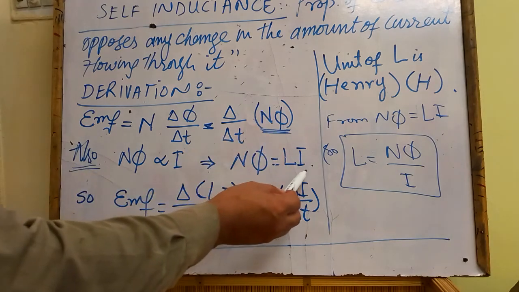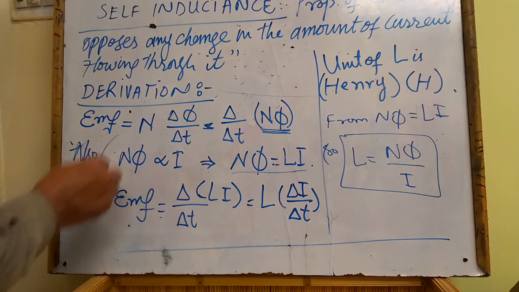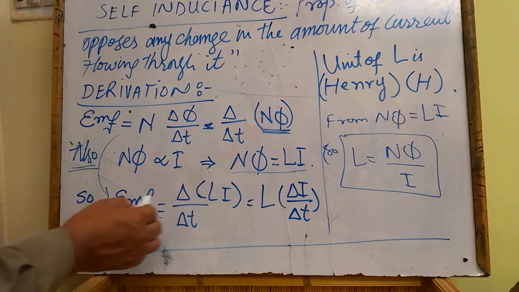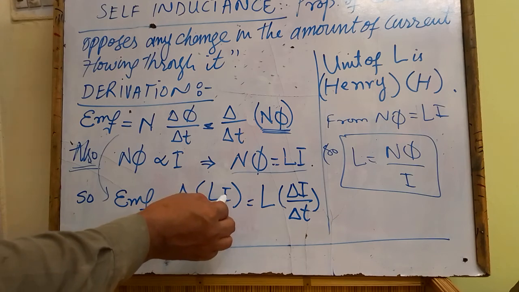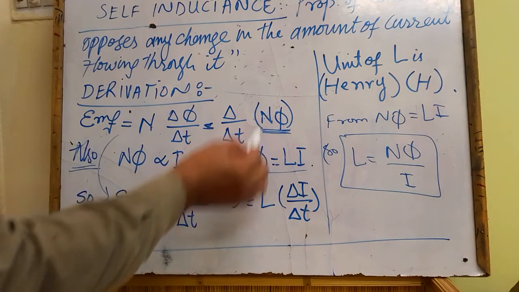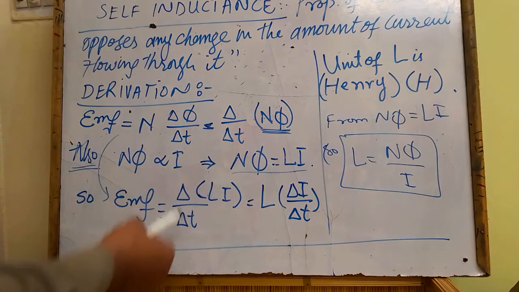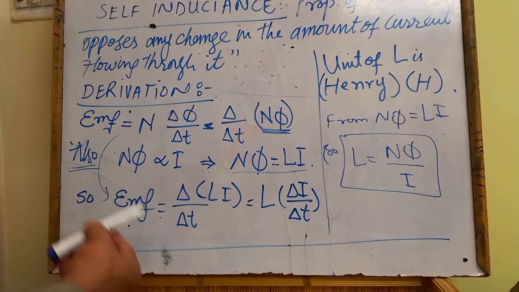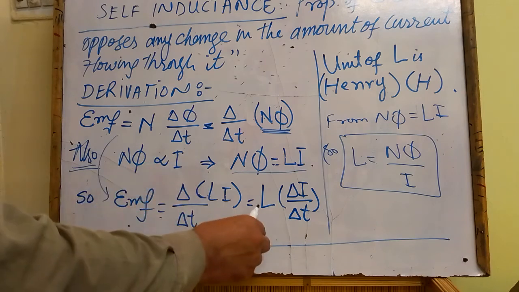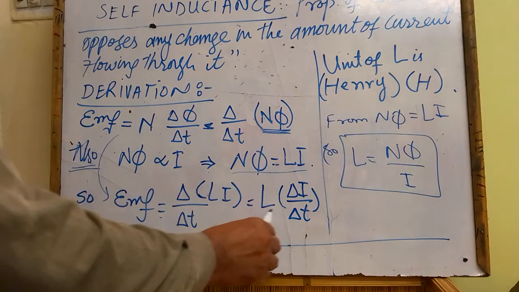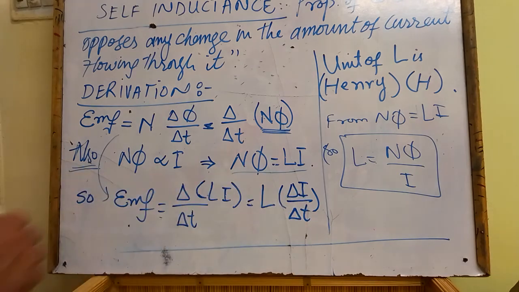We can put LI instead of N phi in this equation, so that EMF is equal to delta over delta t of LI. We can take L outside, which is a constant of proportionality, and finally write Faraday's law for self-induction in this form: EMF is equal to L delta I divided by delta t.